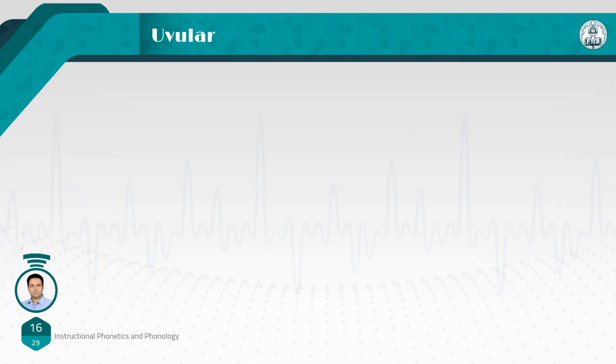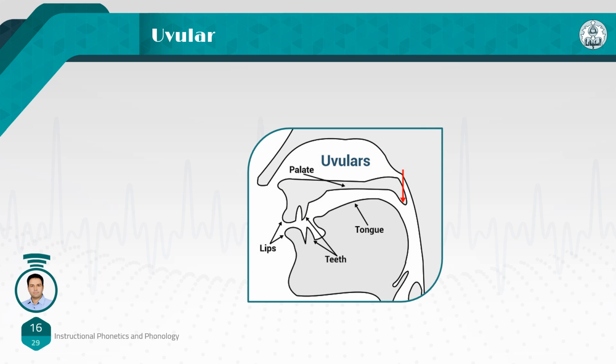Farther back in your mouth is the uvula. Sometimes you use your uvula in order to produce some consonants. In fact, the sounds that are produced with the uvula are not present in standard English, but we have them in Farsi.